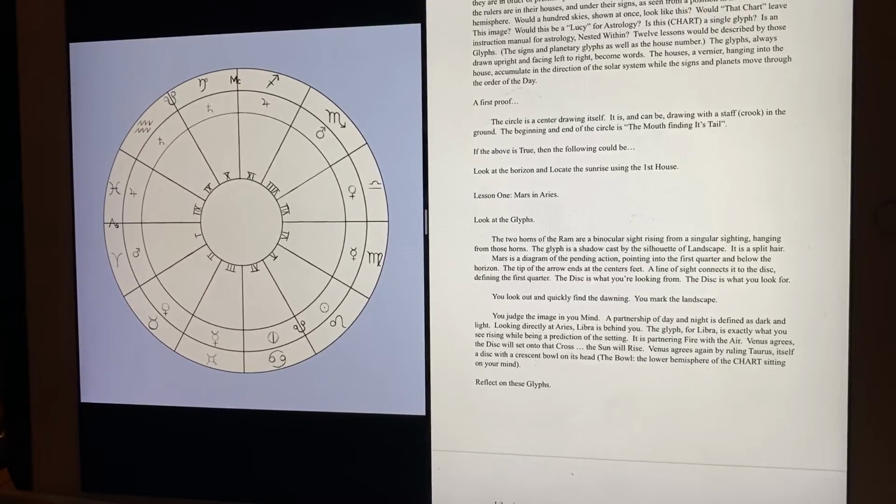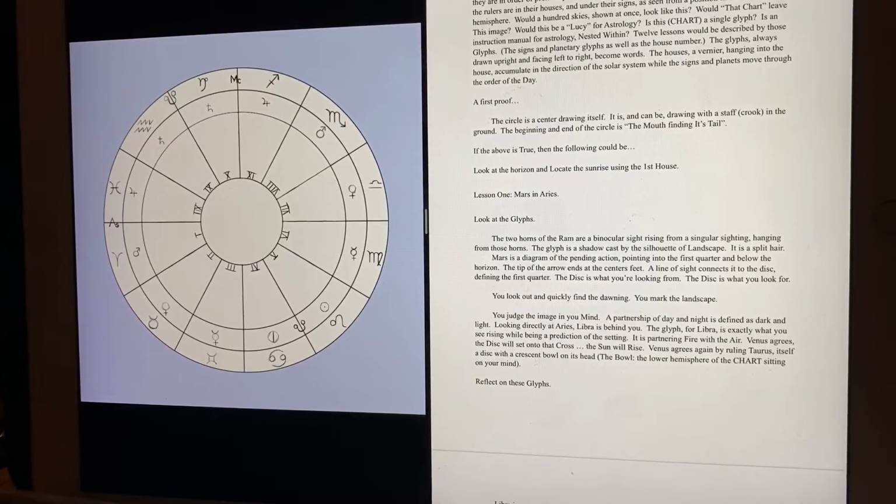So, continuing with the article. All of the rulers are in their houses and under their signs, as seen from a position in Earth's northern hemisphere. I ask the question, would 100 skies shown at once look like this? Would that chart leave this image? Would this be a sort of Lucy for astrology, meaning the anthropological Lucy?